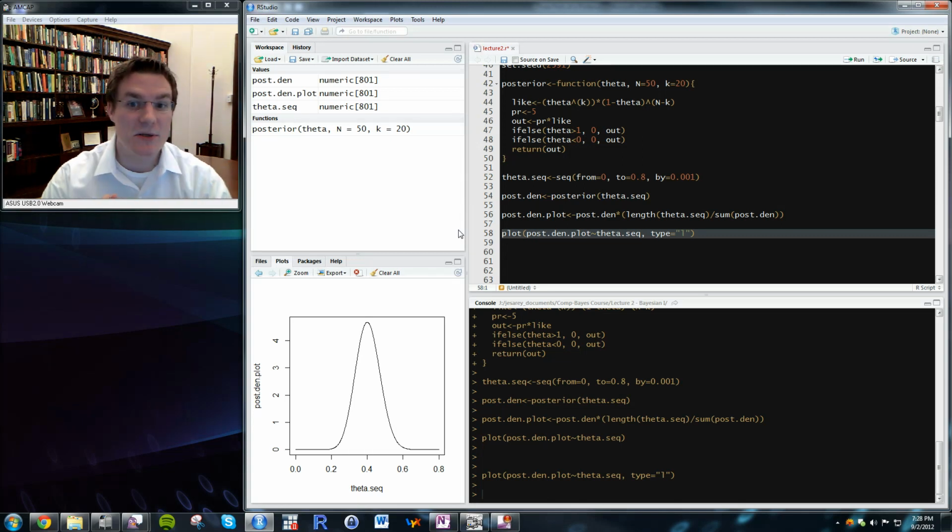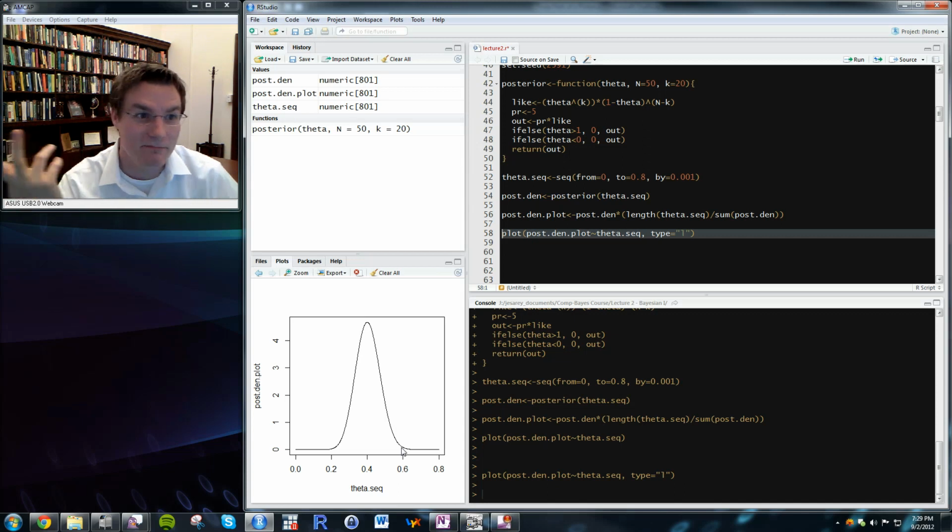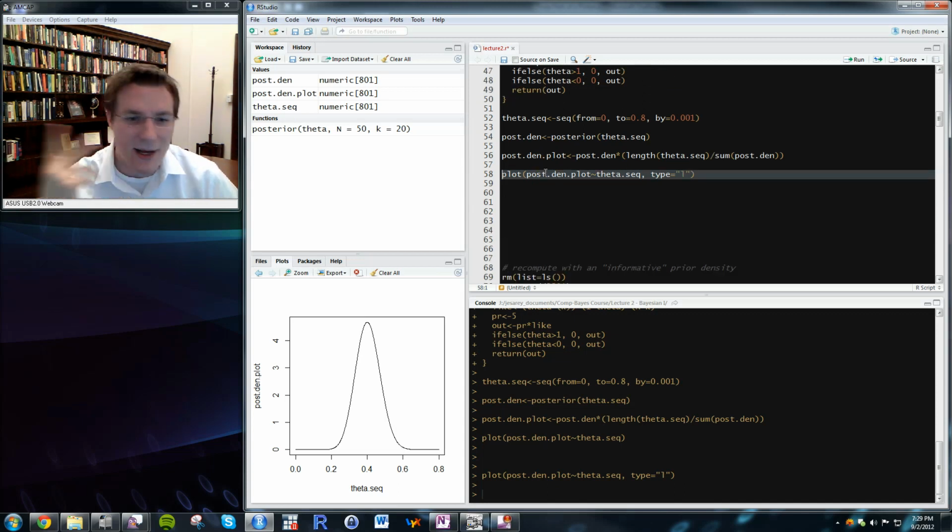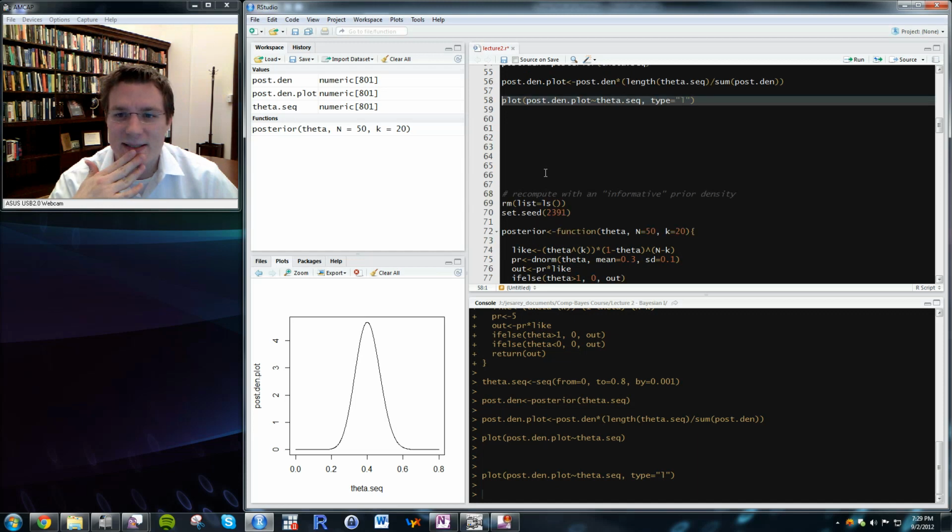Now there is uncertainty around this estimate. This set of trials could be partially the product of luck. I could have just as easily seen 22 heads, or 28 heads, or 19 heads. So I'm not sure exactly what the probability of theta is, because this data can't tell me that much in essence. But it's centered on 0.4, which makes sense.